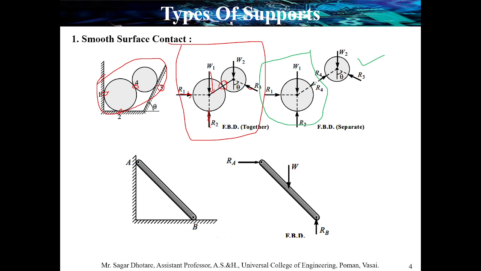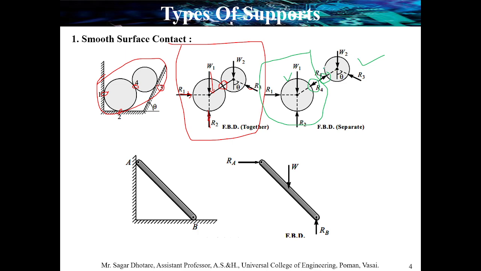Okay, now carefully look at the direction of reactions. Reaction always occurs opposite in direction. So the direction of R4 in case of the first sphere is towards the center. Similarly, R4 reaction for the small cylinder, or you can say small sphere, is towards its center.